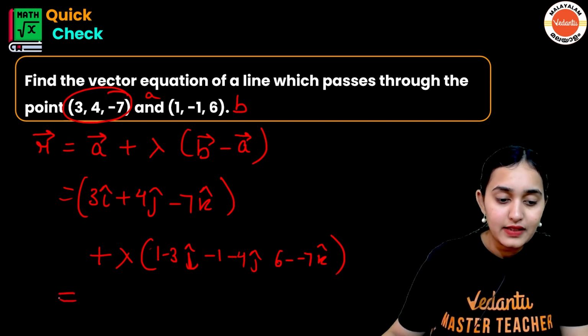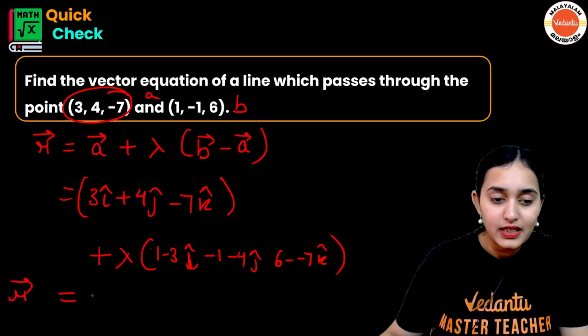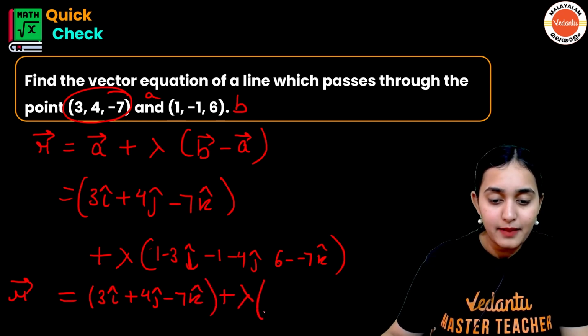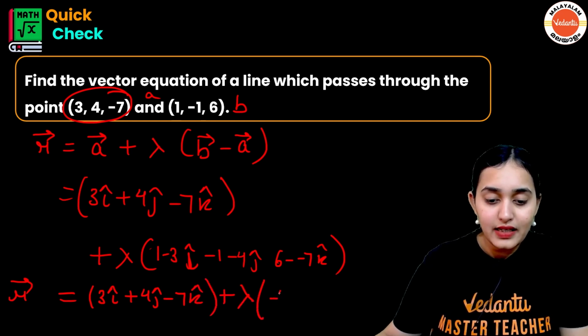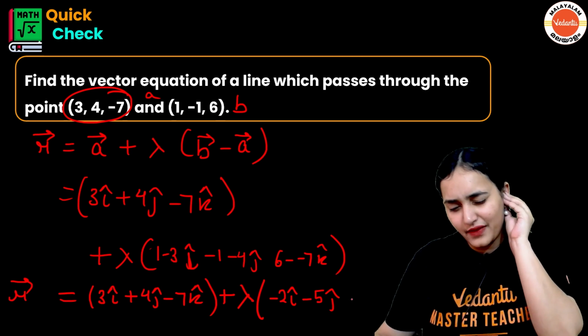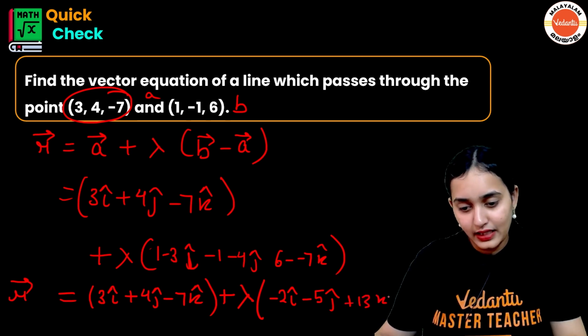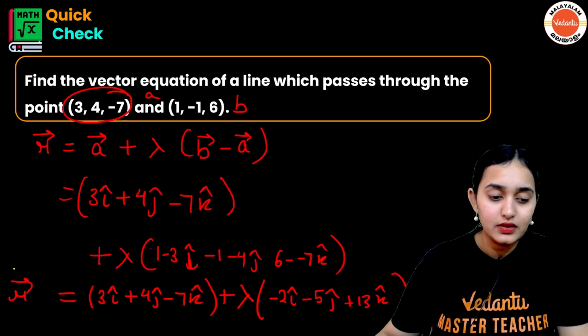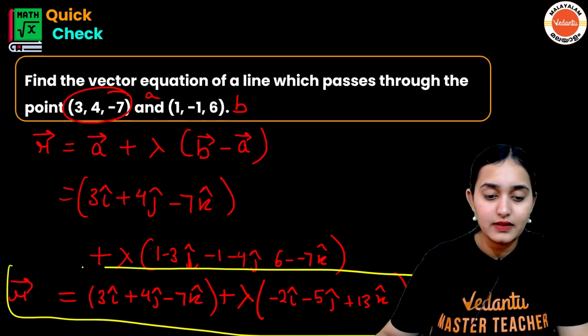So, this will be basically R vector will be A vector 3i plus 4j minus 7k plus lambda times of 1 minus 3 is minus 2i, minus 5j and 6 plus 7 is 13k. So, this is the equation of the line. Got it everybody? This is your final answer.